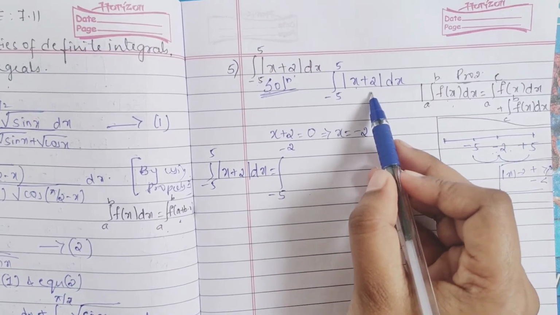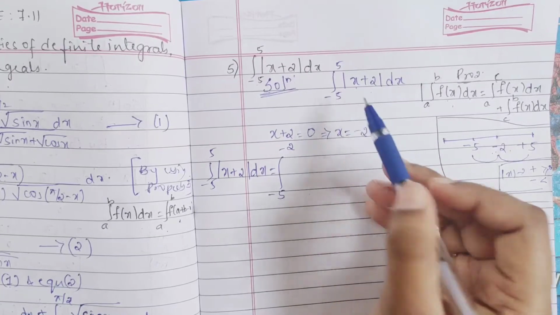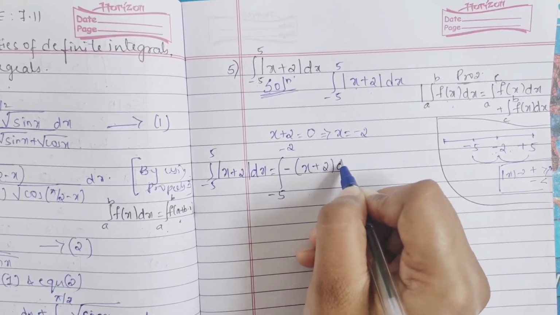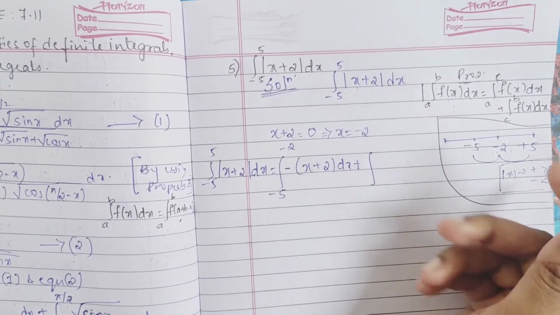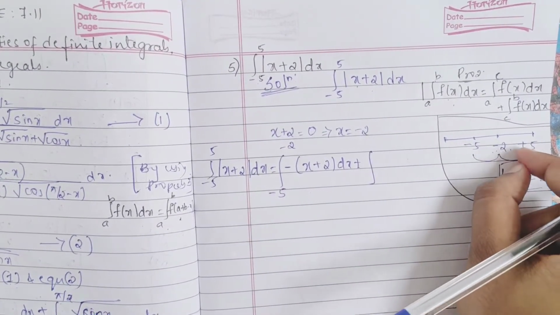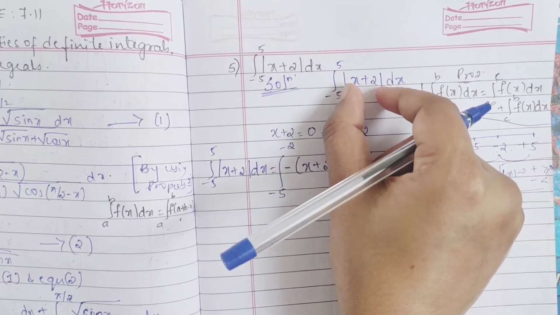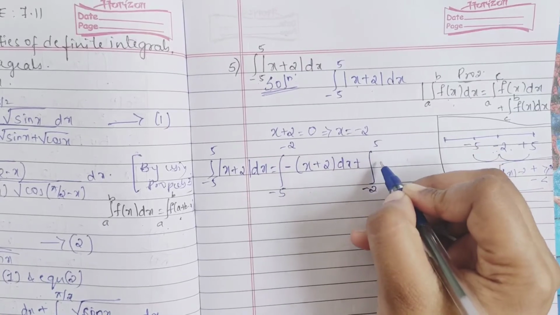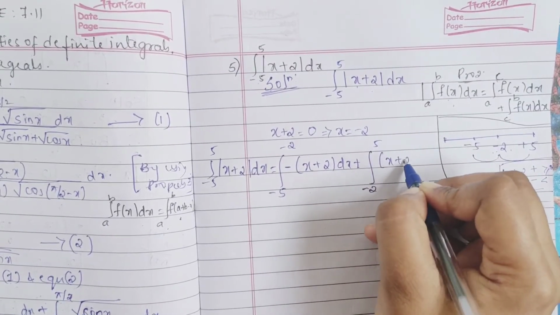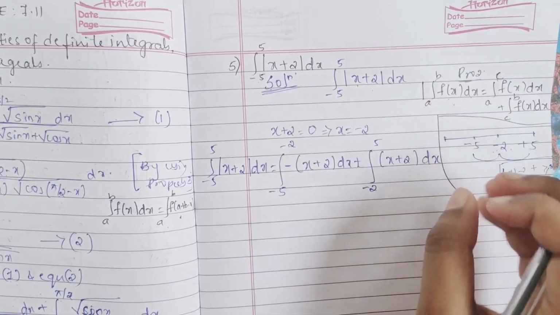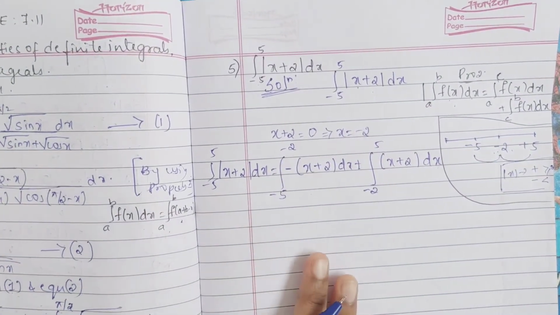You will get a negative value. So when you get negative, this part will be minus of x plus 2 dx. Next comes minus 2 to 5. Any number from minus 2 to plus 5 that you put in this function will give positive, so this will be your positive part. This you generally have to check.